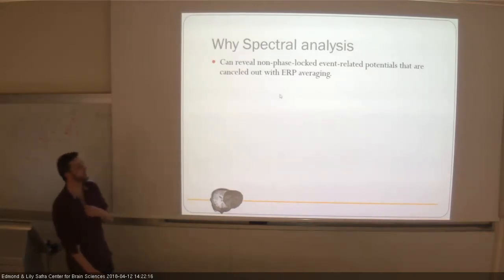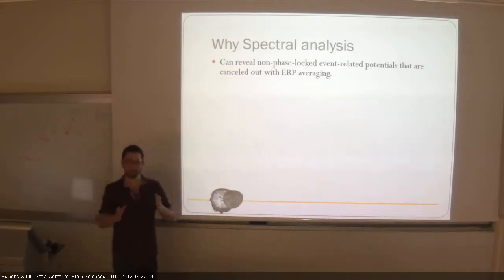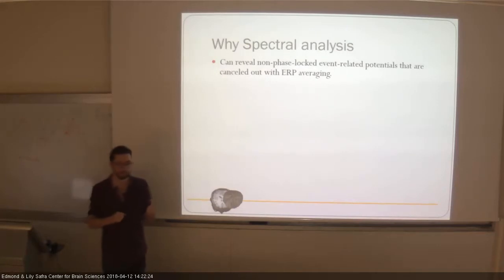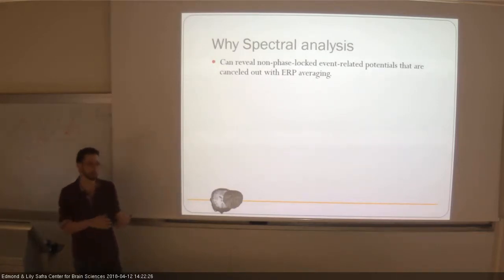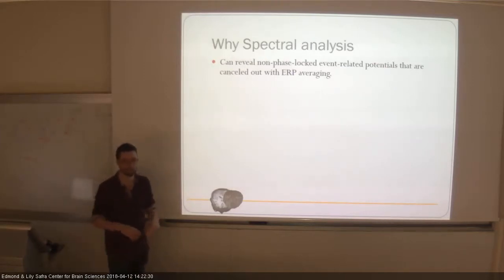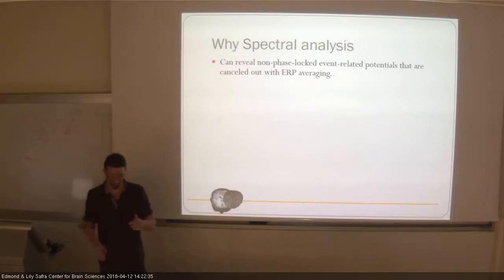When we do spectral analysis, it allows us to take a signal. Basically, we take each single trial, we transform the time domain signal to a frequency representation, and then we throw away the phase, right? So we're only left with a representation. You know what?